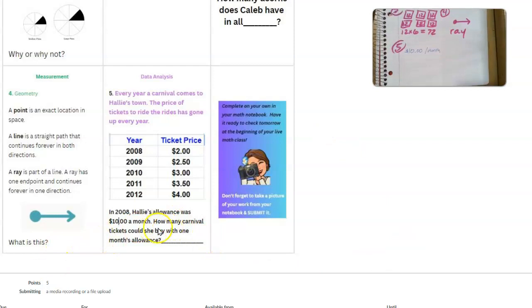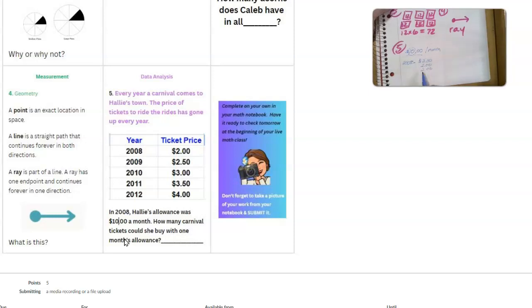$10 per month. How many could she buy with 1 month's allowance? Okay, so 2008, the ticket price was $2. So if she's getting $10 in a month, how many carnival tickets could she buy with 1 month's allowance? Well, we can take $2 plus $2 plus $2, 2, 4, 6.